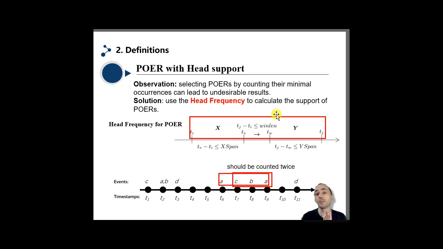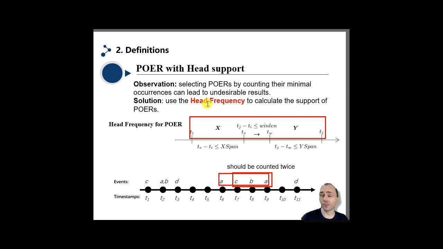Now, in this paper, we want to change this definition a little bit, because we observe that our rule, the POER, the partially ordered episode rules, sometimes doesn't give good results. We require that the occurrences are not overlapping, but in some cases it gives strange results when we use this definition of occurrence.